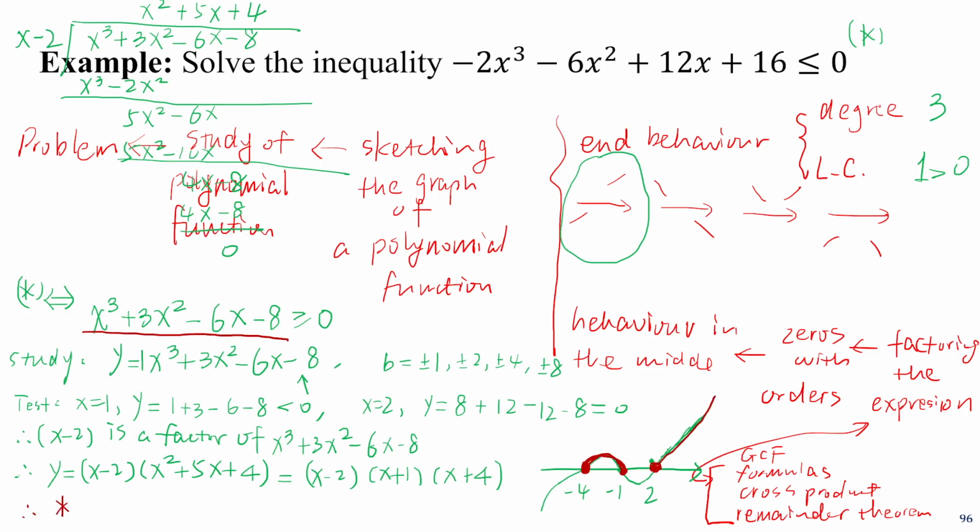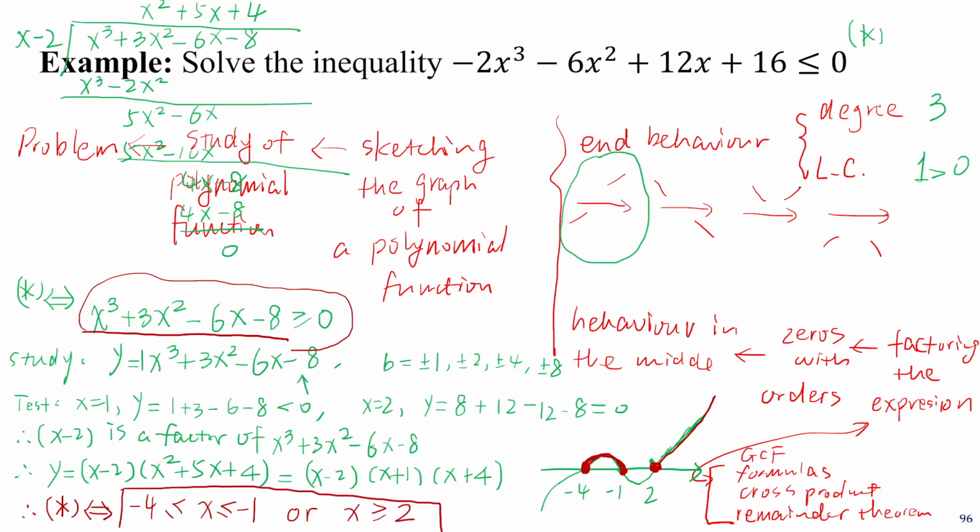Therefore, the solution to star, the original inequality, is the interval where x is between -4 and -1, closed interval, or x is greater than or equal to 2, right? This is your final solution. So the final solution is -4 to -1 and 2 to positive infinity.